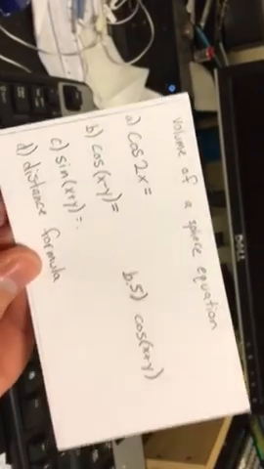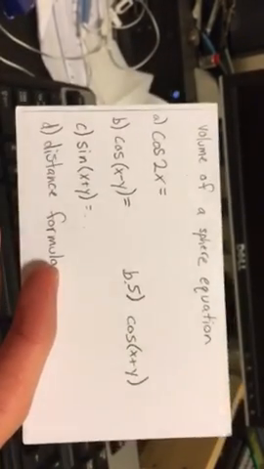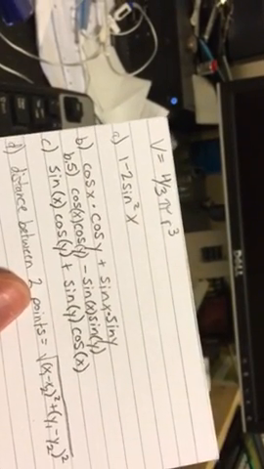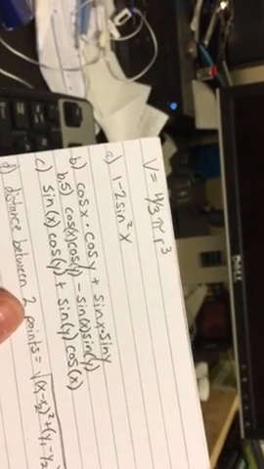Okay, the next equation for cosine: cosine of x plus y is going to be cosine x cosine y minus sine x sine y.